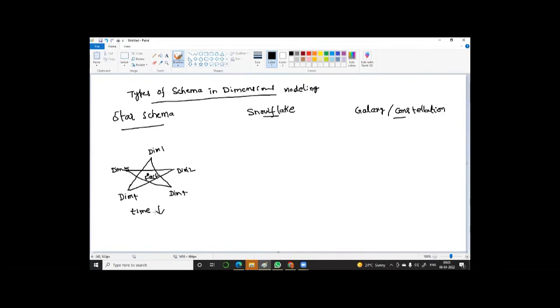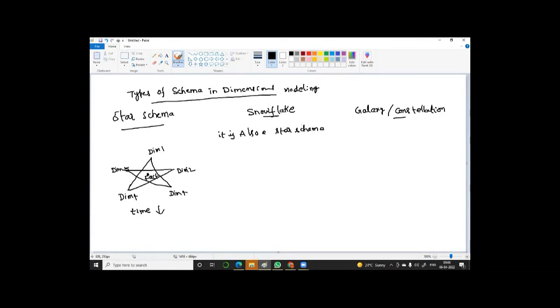Coming to the Snowflake schema, again, you have already seen the fact table and dimensions in the example I showed. The Snowflake schema is also a star schema only. Then what is the difference?